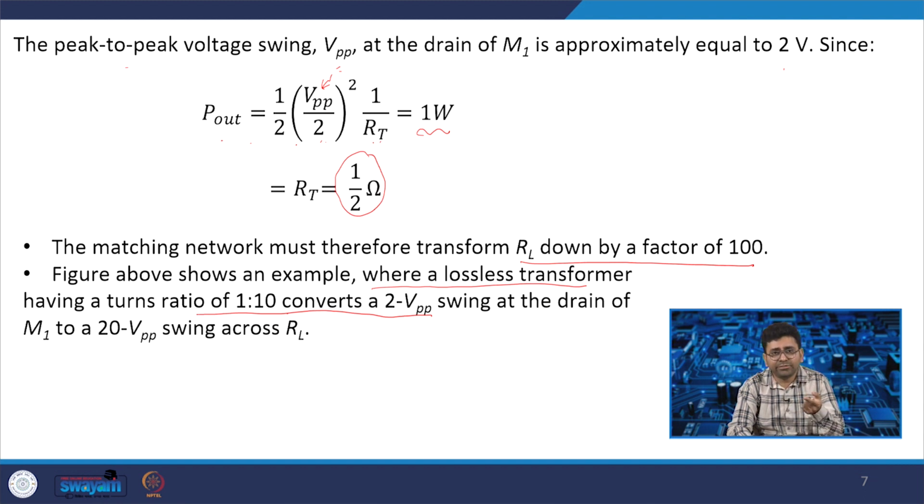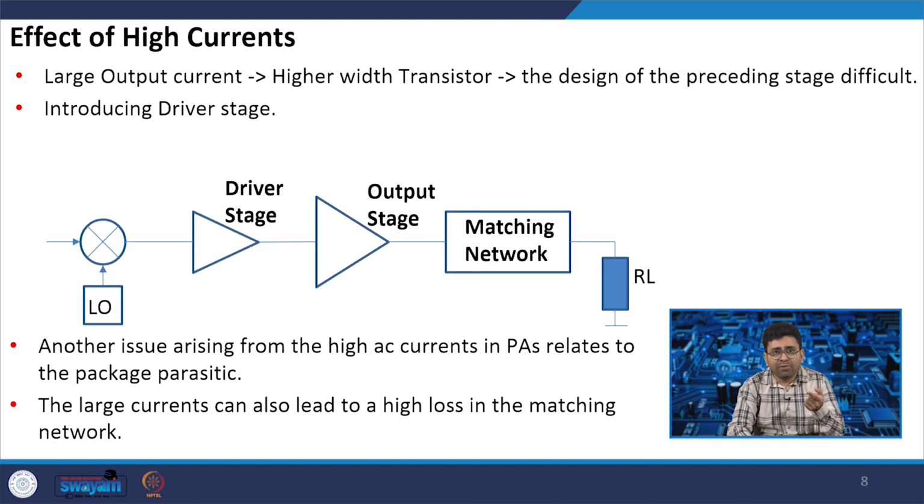So, now the next point, the effect of the high current. If your transistor wants to draw that much large current, then its width, let us say for MOSFET the W, is very high. And if we increase the width, the capacitance of this output stage of the power amplifier becomes higher.